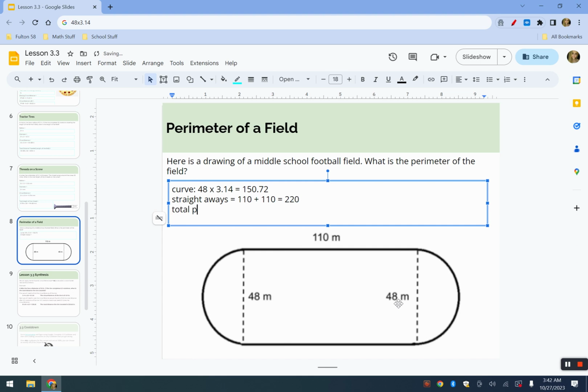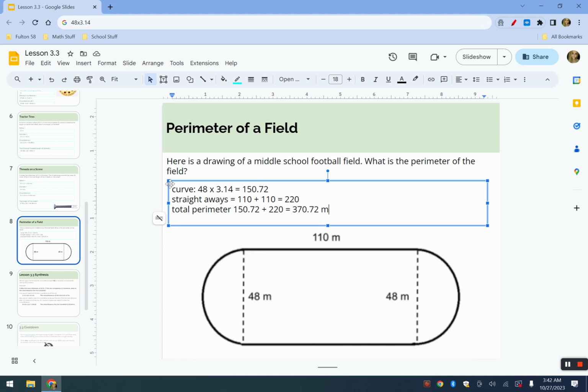And now we want the total perimeter, and we're going to find that by adding the length of the curve and the length of our straightaways. And that is going to be 370.72. All right, go ahead, get this down.